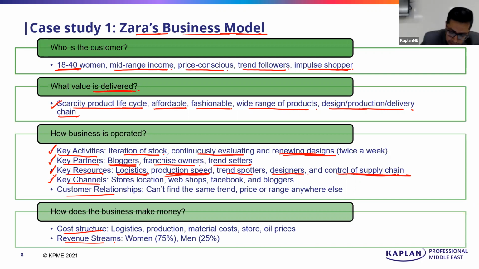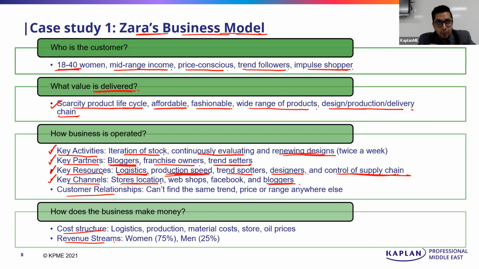Right? Then the next one is key channels. So how do they reach their customers? One thing obviously is the bloggers. The other way they reach their customers is from their 2000 stores. And these stores, my friends, again, this is also an advantage. The store's location is also very good because these are the prime shopping locations of these cities or countries, right?